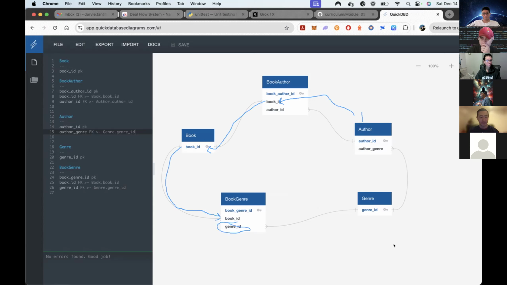And that gives you one answer. The other answer, or I guess hypothetically it may have been better if we flipped this, but you could then go from author genre to the genre ID, and you would get a different answer.